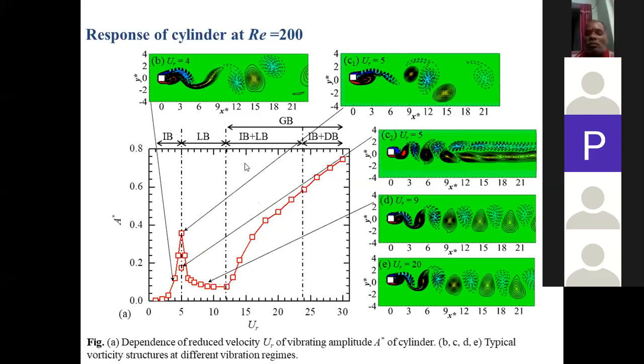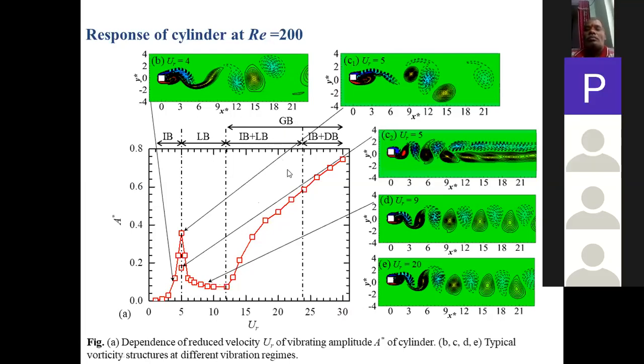So what is the novelty in this work? For the first time, we divide this galloping branch, and we have shown that it is a combination of initial and lower branch, and initial and desynchronization branch. There you can see the corresponding velocity profiles and the characteristic flow pattern.